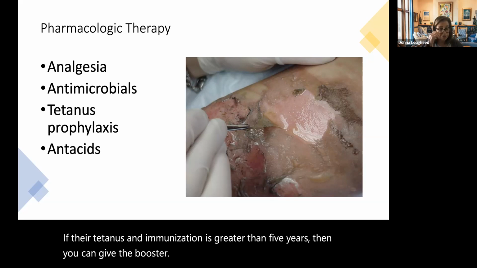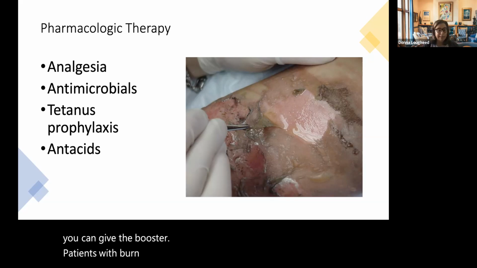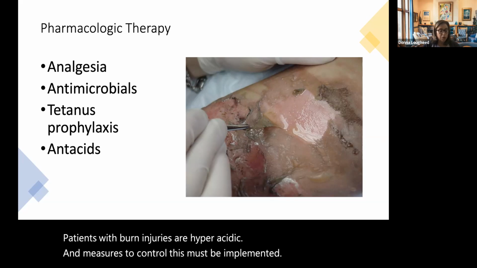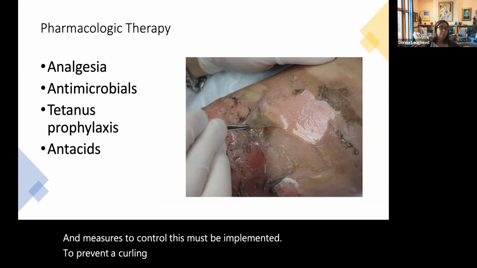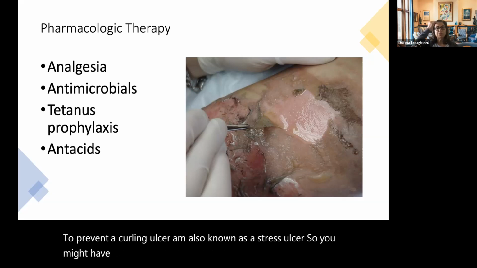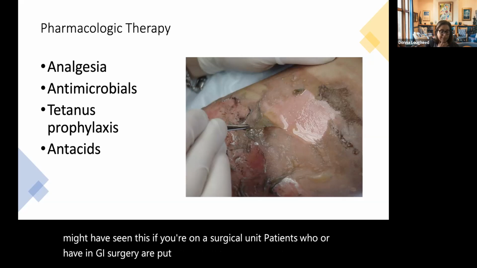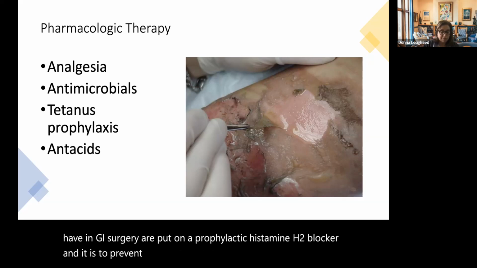Patients with burn injuries are hyperacidic, and measures to control this must be implemented to prevent a curling ulcer, also known as a stress ulcer. So you might have seen this if you're on a surgical unit. Patients who are having GI surgery are put on a prophylactic histamine H2 blocker, and it is to prevent these stress ulcers.